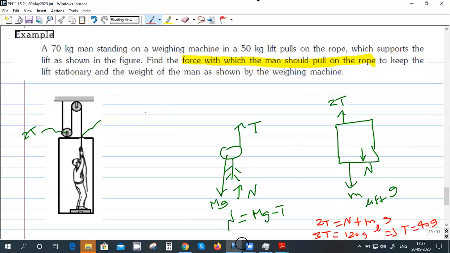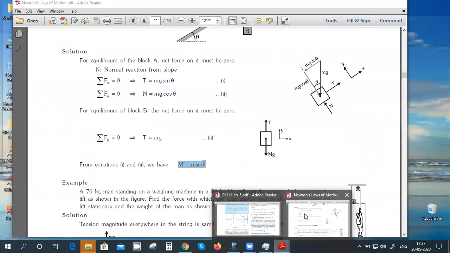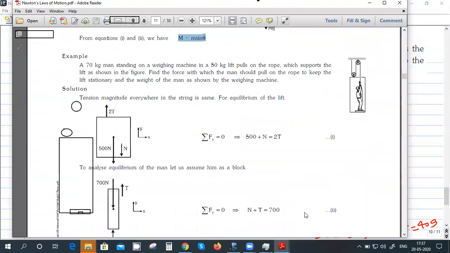Sir, capital T. Yeah, the man is in equilibrium, at rest. So whatever force the man is applying, that is the one contributing to the tension. So the force with which the man should pull the rope is the same as the tension in the rope. So the answer is 40g, and the normal is 30.